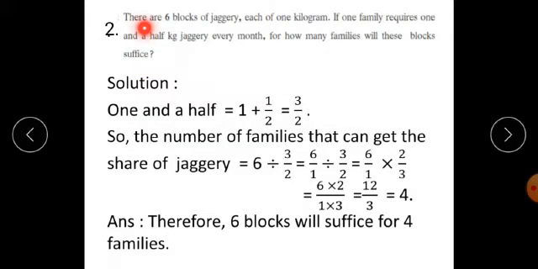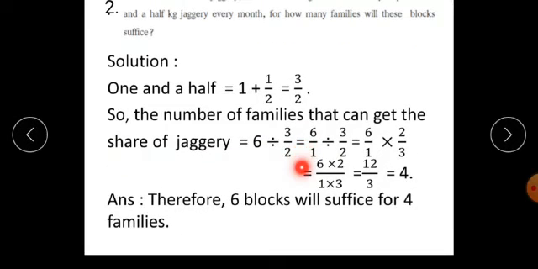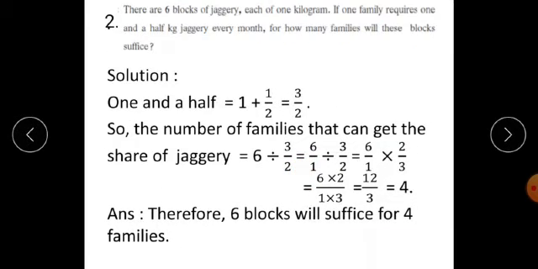Solution: 1.5 is equal to 1 plus 1 upon 2, which means 2 ones are 2 plus 1 is 3, so 3 upon 2. The number of families that can get a share of jaggery is equal to 6 divided by 3 upon 2.